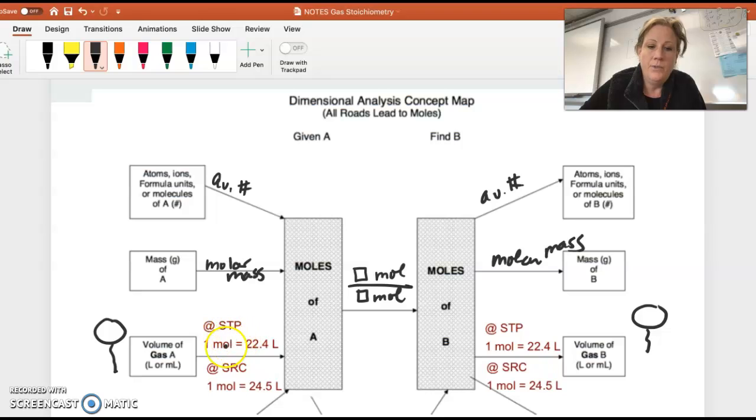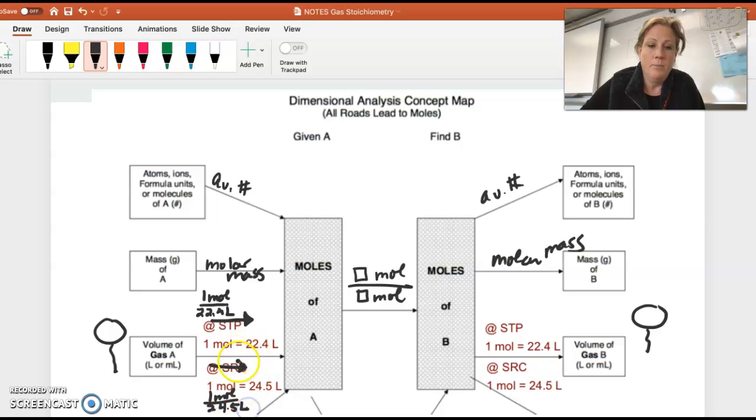We can use the equality that 1 mole of a gas is 22.4 liters. So if I'm converting this direction, I would write 1 mole on the top over 22.4 liters, because then that would get me to mole. Or if I am talking about SRC, it would be 1 mole over 24.5 liters.